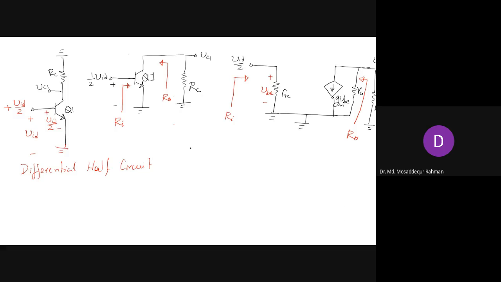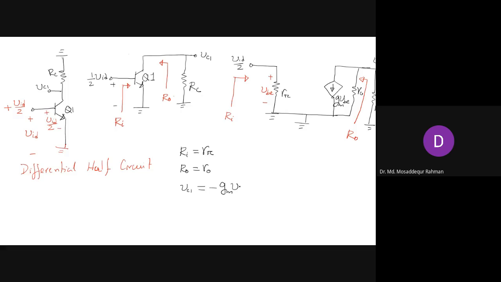Now coming to the analysis of the circuit, the input resistance Ri is nothing but r_pi. The output resistance R naught is small r_o, and then the voltage VC1 is minus gm VBE.